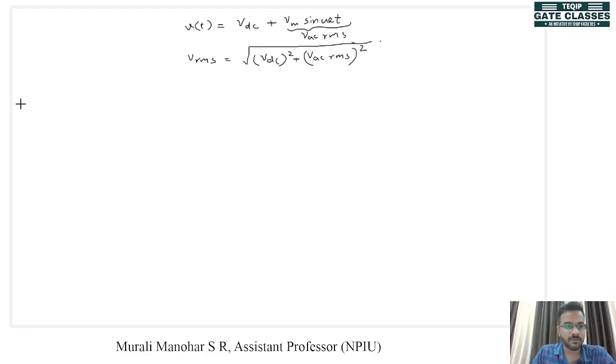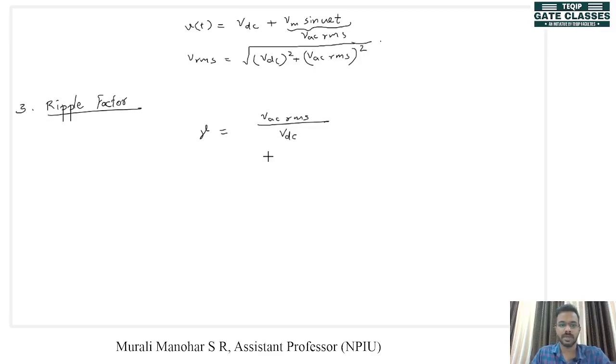After this, we discuss our third performance parameter, and it is called ripple factor. Ripple factor gamma is given by VAC RMS divided by VDC, which is the average value.